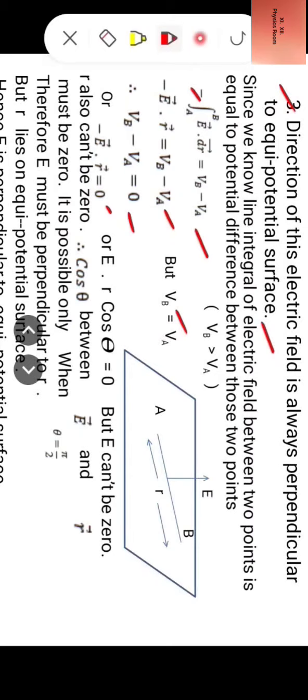Or magnitude of E and magnitude of r into cos theta is equal to 0. But E can't be 0, r also can't be 0. Therefore, cos theta between E and r must be 0, and it is possible only when theta is pi by 2.